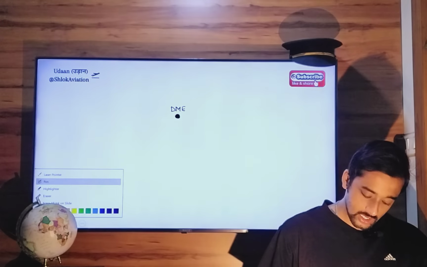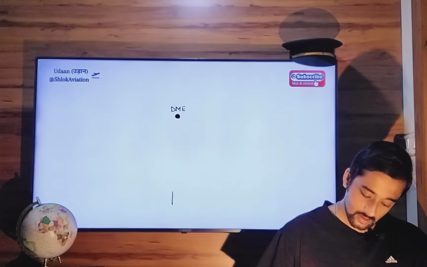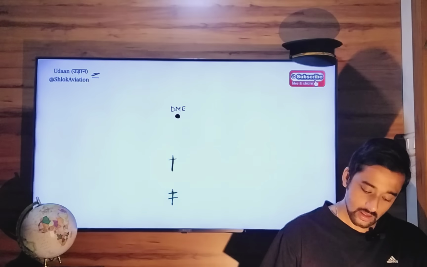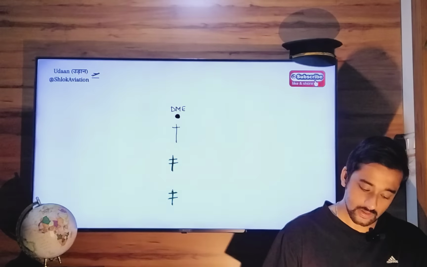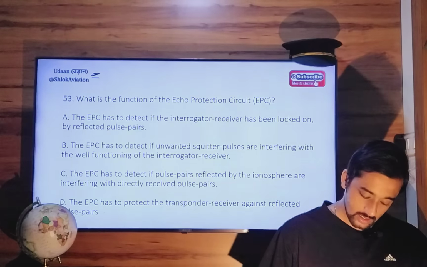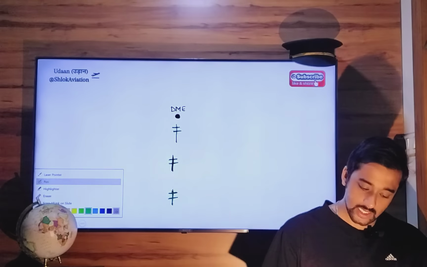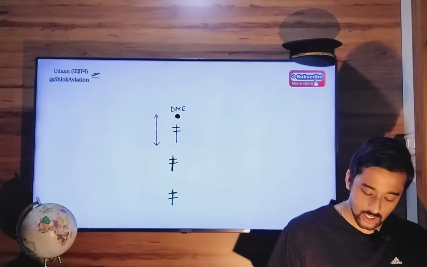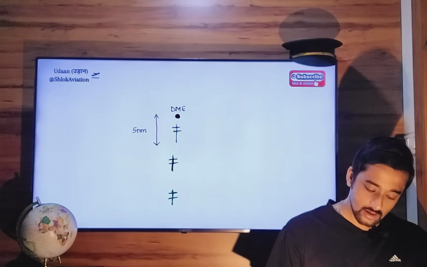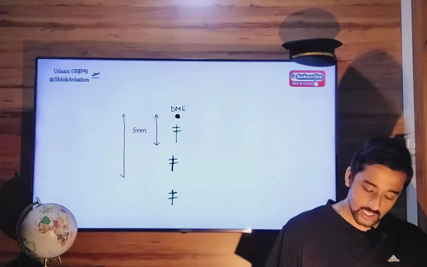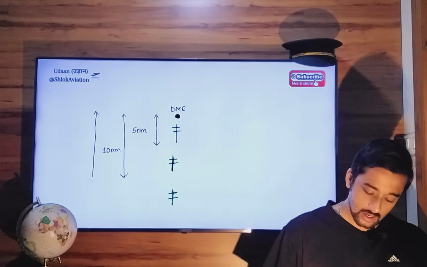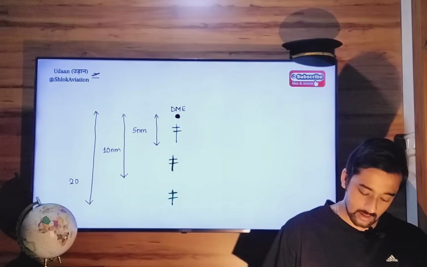Let's say you are approaching this DME station like this. Where you are this much distance away from this DME station, it will give you, let's say, information of 5 nautical miles. Where you are this much away, the information will be 10 miles, and this much away it will be some 20 nautical miles.